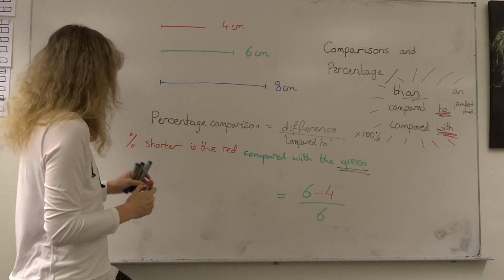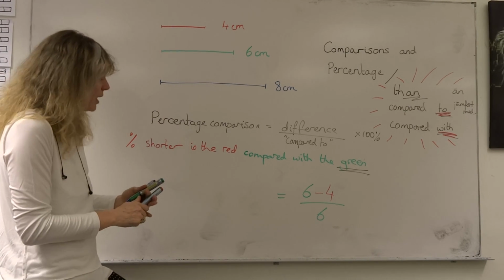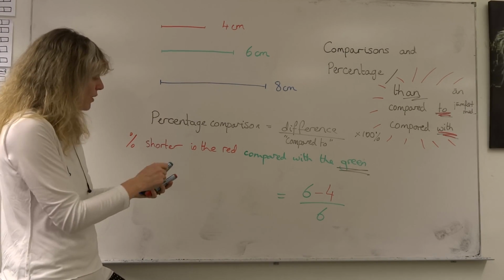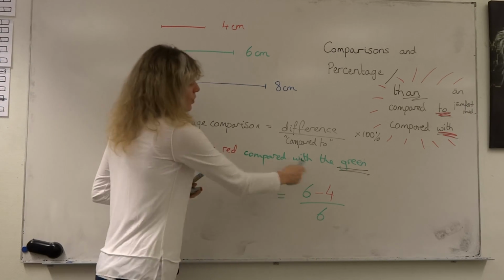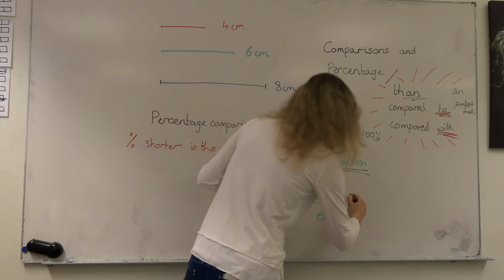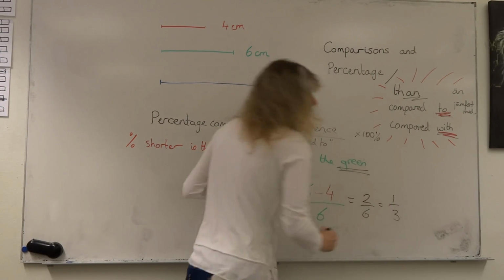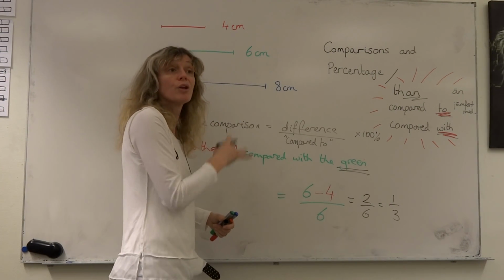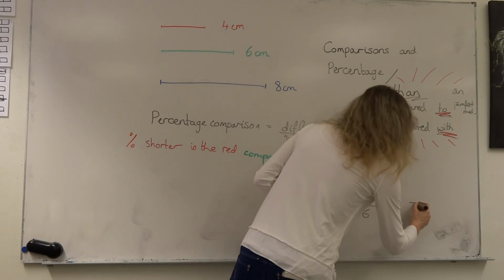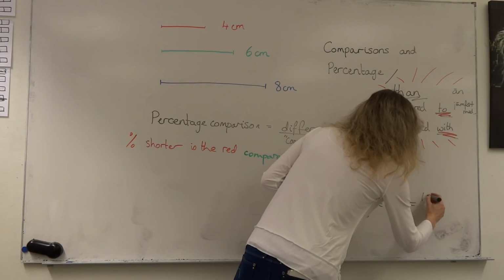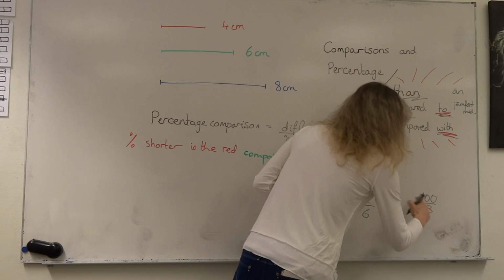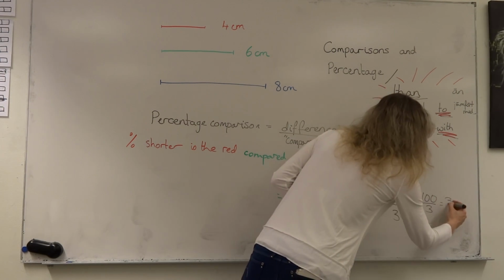Okay. So how much percent shorter is the red compared with the green? Well, that's now easy because we've got 6 minus 4, which is 2. 2 over 6, which we know is 1/3. If we were going to change that 1/3 into a percentage, we know that's the same as 100 divided by 3, which is 33%.